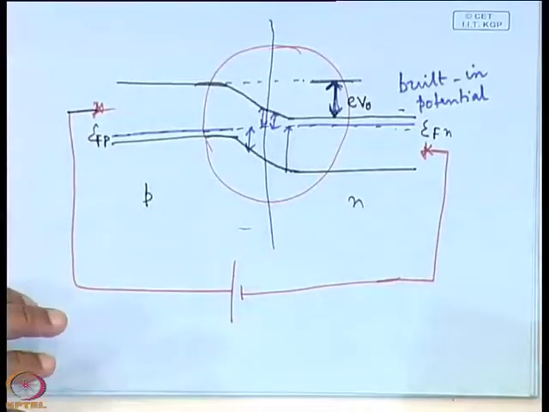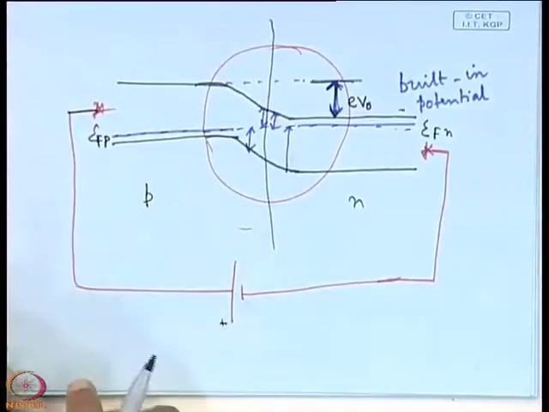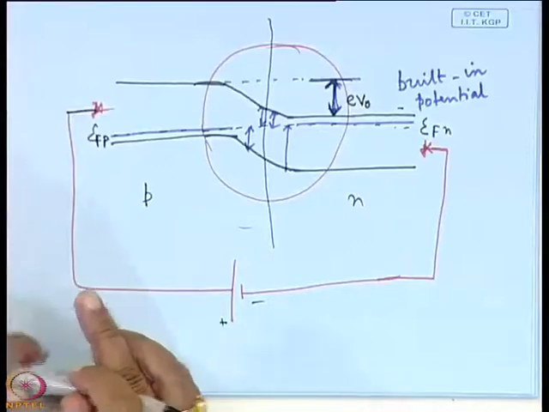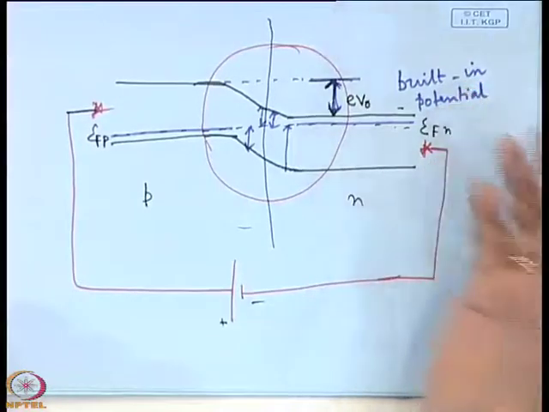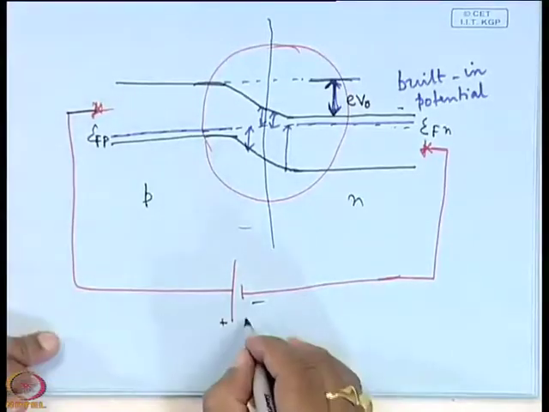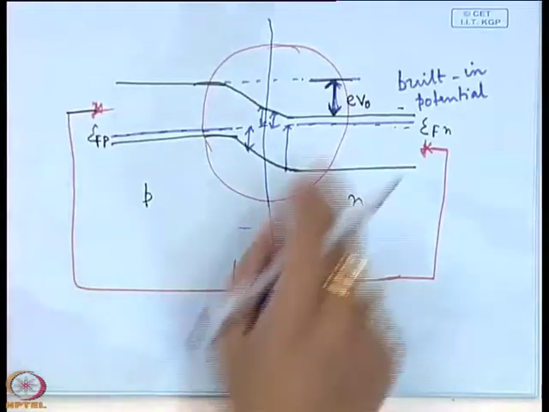Why is it forward bias? Because P is connected with the positive terminal of the battery and N side is connected with the negative terminal of the battery. When the positive terminal of the battery is connected to the P side and the negative terminal to the N side, then it is known as forward bias. Under such a circumstance, suppose the bias is V, V volt is applied, then what will happen?